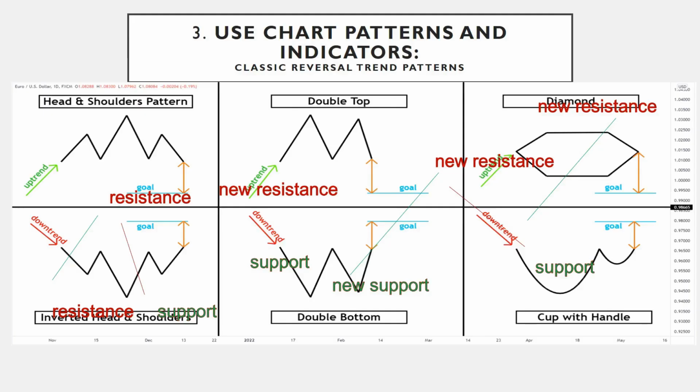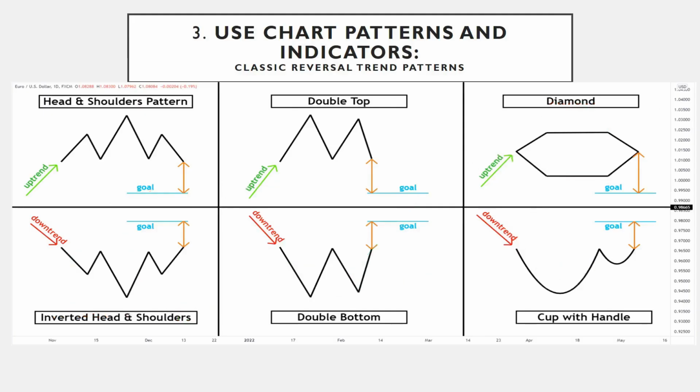Moving on to chart patterns, we have some classic trend reversal patterns here. The first one is the head and shoulders. You can see the uptrend. Okay, so we have an uptrend and then a downtrend. The downtrend goes but does not test the previous resistance.